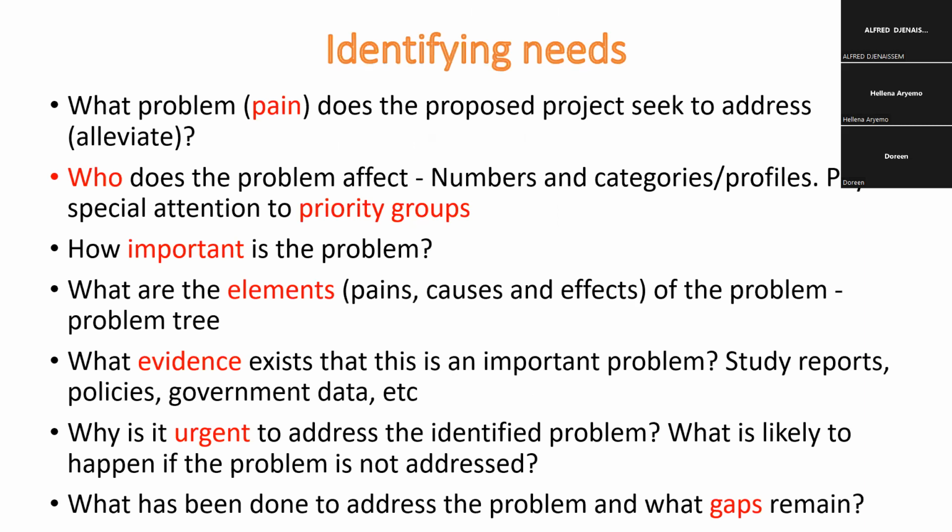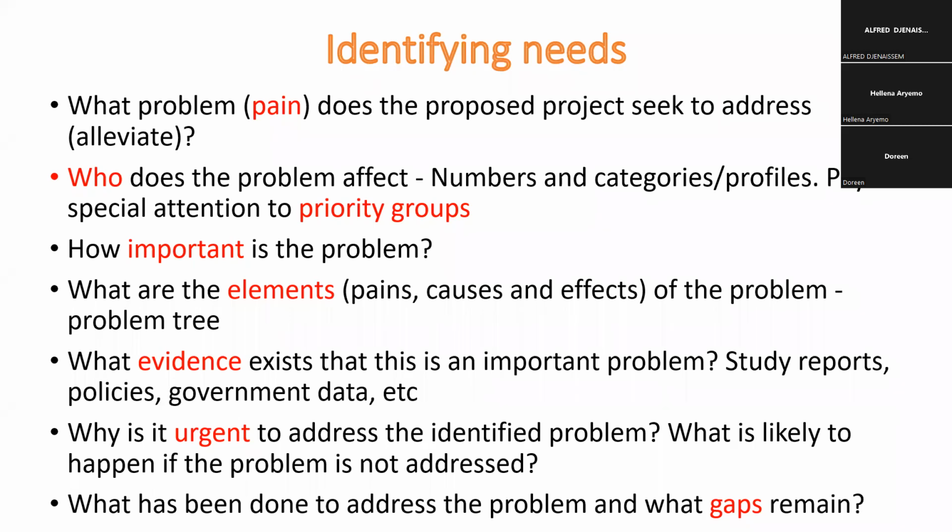Now, what is involved in identifying needs? First of all, we need to really have an idea of the pain. I use the word pain, the problem. What is affecting people? People are suffering some pain and you want to do something about that pain. So what is the pain that you want to address?